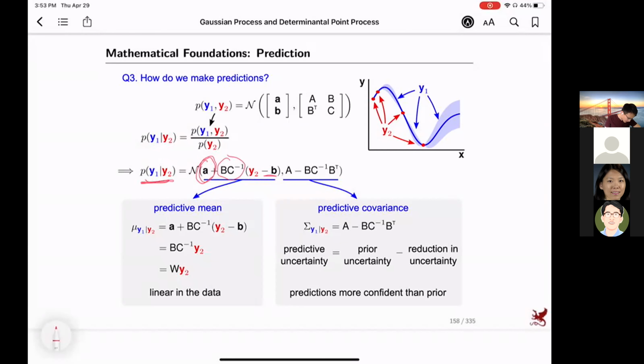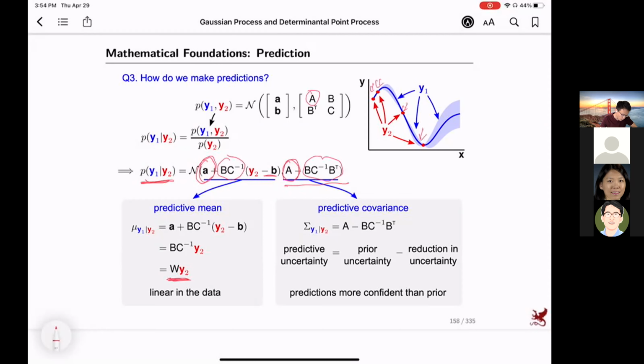This is saying, because I observed y2, now my prediction of y1 is something linear in what I observed already. If we look at the covariance matrix, we still have the prior covariance of y1, which is just this a here. But because I observed y2 with these 4 dimensions, I can also calculate one more term. This term makes my covariance matrix smaller, because I have more certainty at these 4 points.